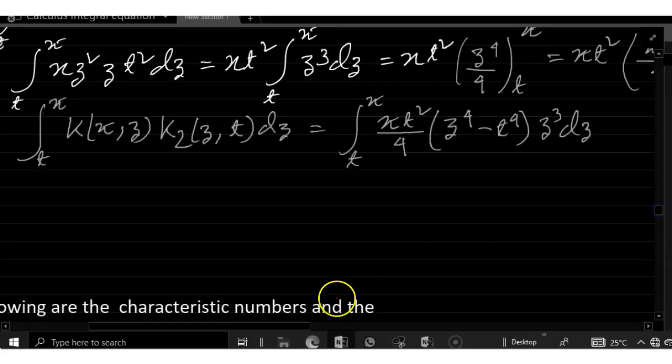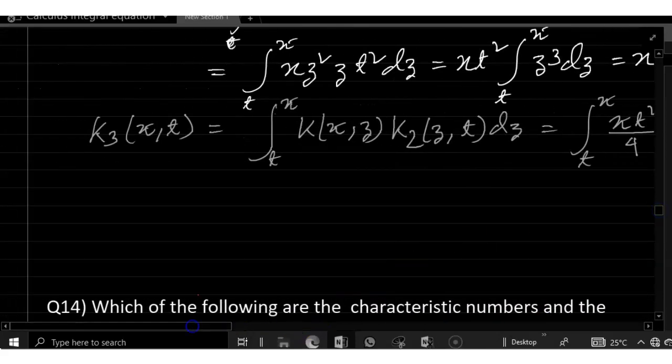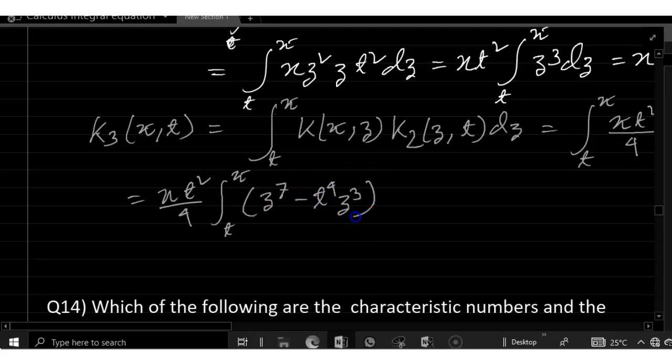So it can be written this way: x square divided by 4 t square x into z to the power 7 minus t to the power 4 z cube into dz.